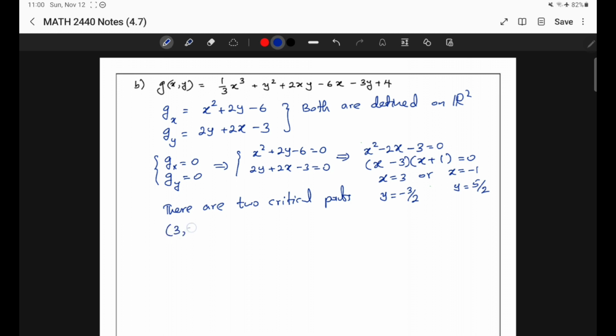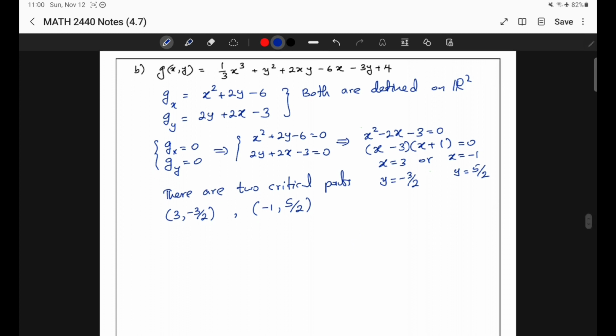One is 3 comma negative 3 halves. And the second one is negative 1 comma 5 halves. Okay. Now we found the critical points. We have to find the discriminant. So let's find the double derivatives.